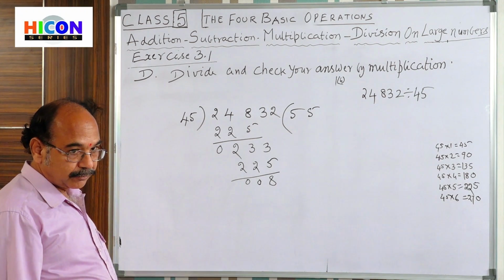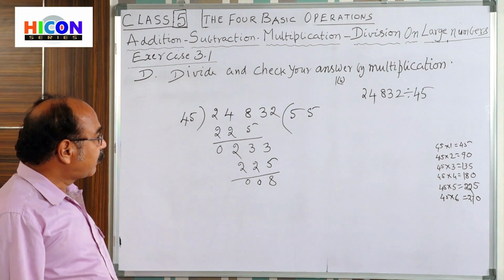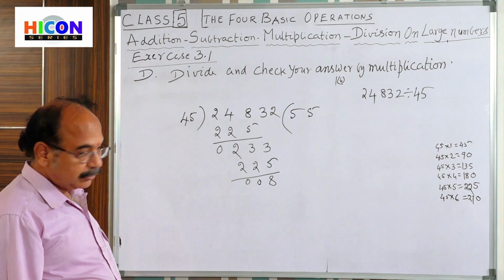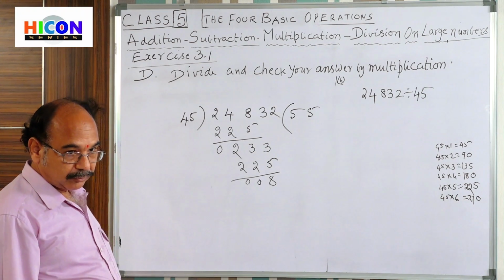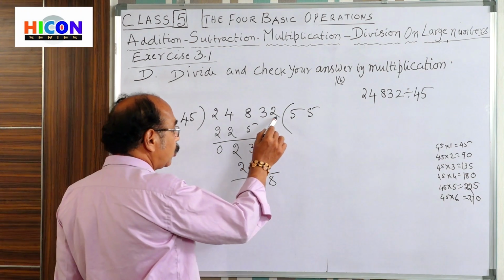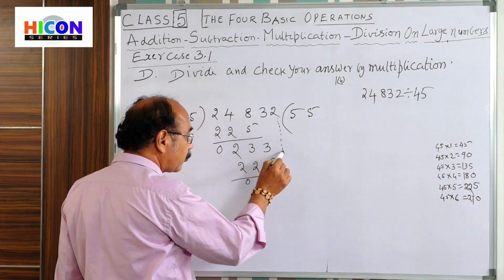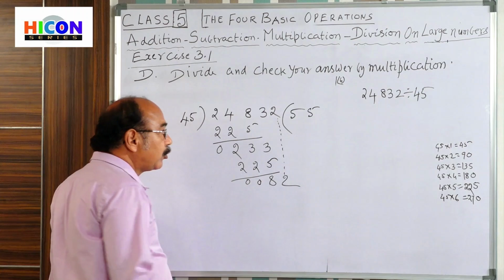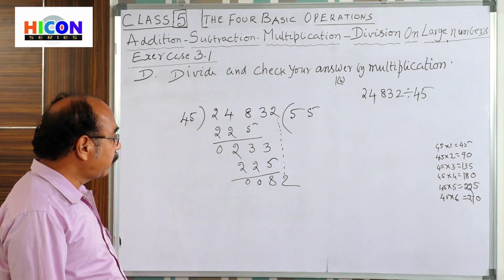Now, from the dividend, bring down the last digit, 2. Now 82.